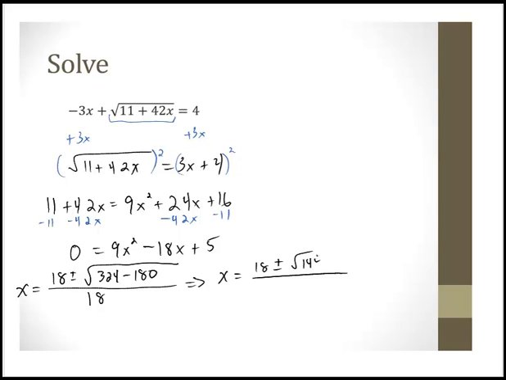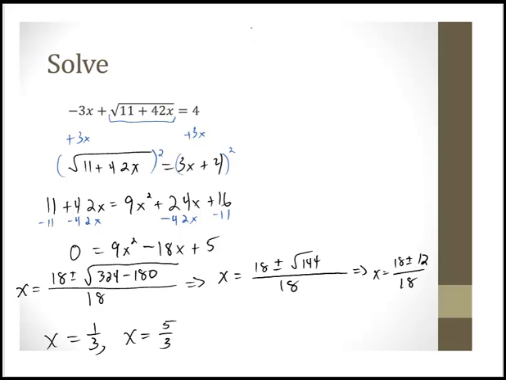Square root of 144 over 18. So that's x equals 18 plus or minus 12 over 18. x equals 18 minus 12 is 6, 6 over 18 is 1/3. 18 plus 12 is 30, 30 over 18 is 5/3.